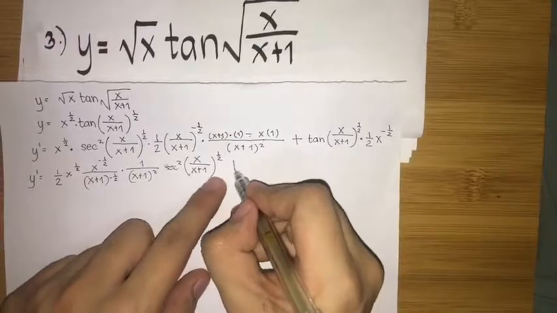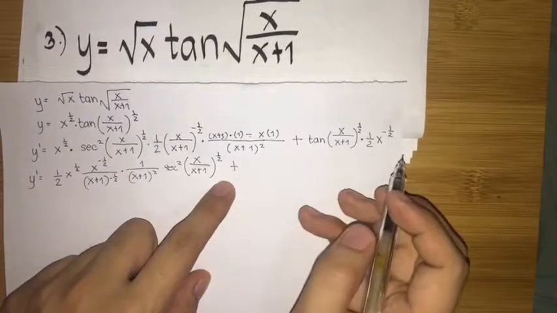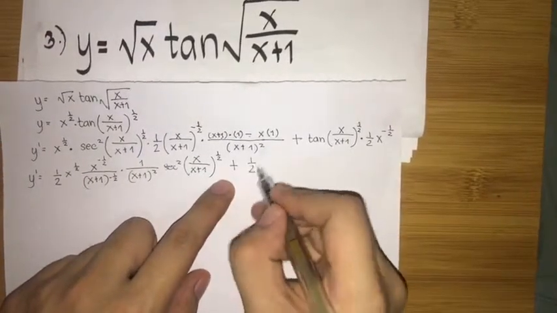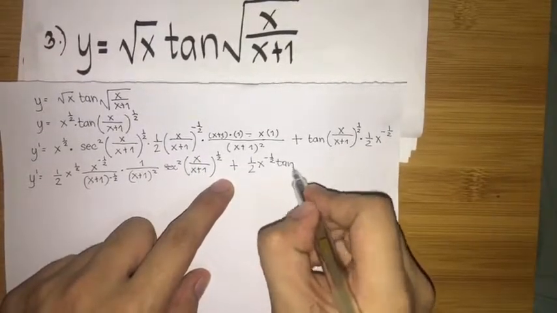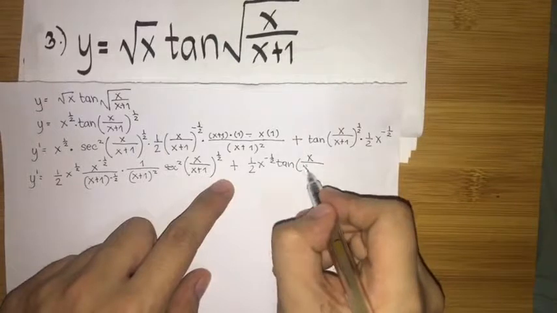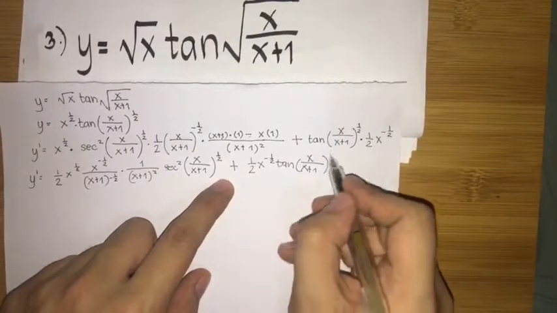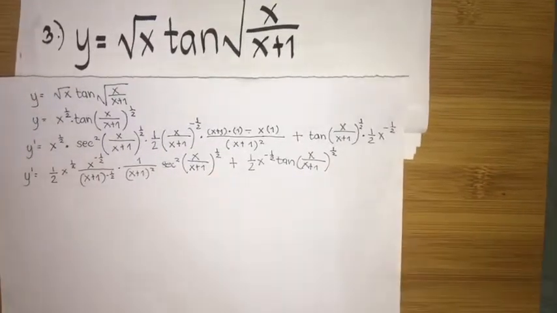Then for the second part, we have to just copy 1/2 and x raised to negative 1/2 tangent of x over x plus 1 quantity raised to 1/2.